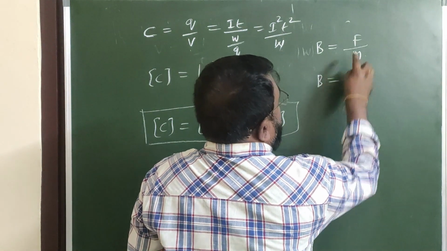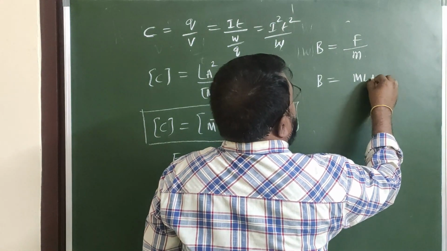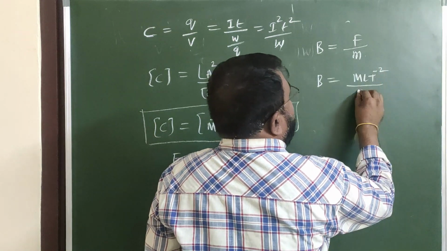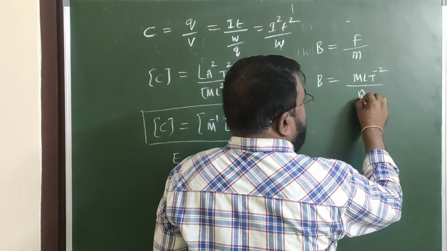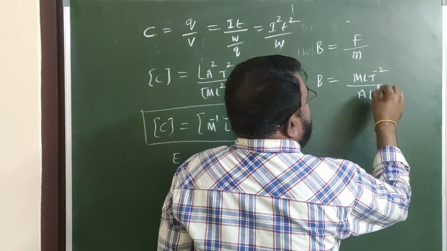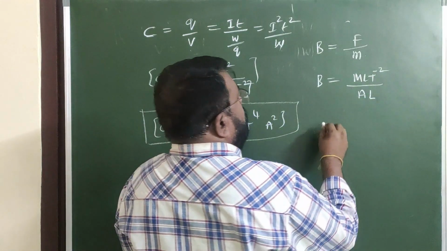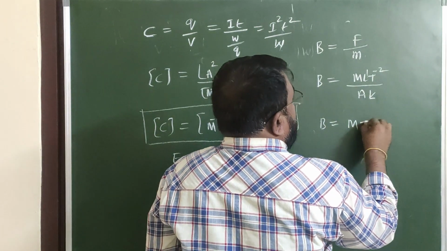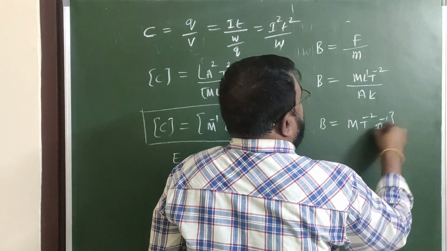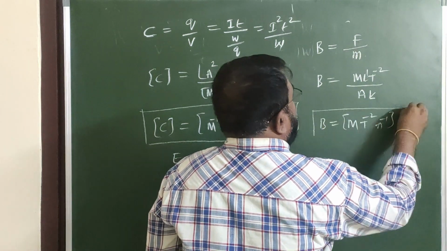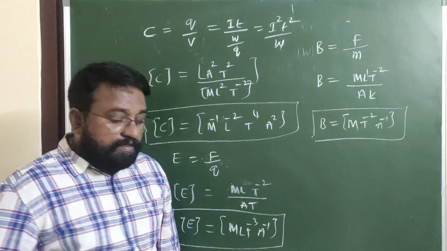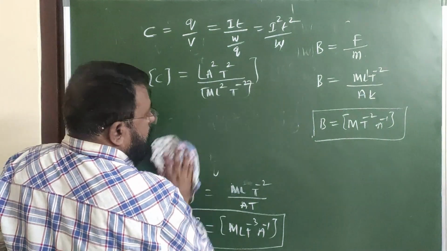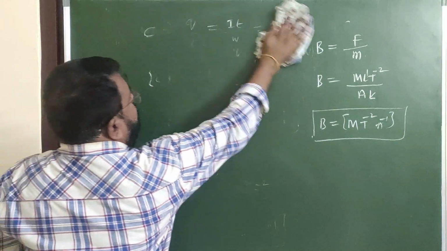Therefore, B is equal to force M L T to the power of minus 2 by ampere meter, therefore ampere A, meter that is L. Therefore, this becomes B is equal to M T to the power of minus 2 A to the power of minus 1. This is the dimensional formula for magnetic induction. Like that, we can derive any number of dimensional formulas.